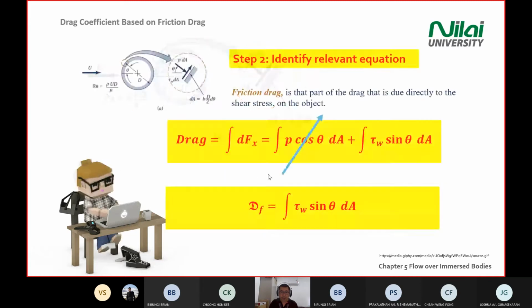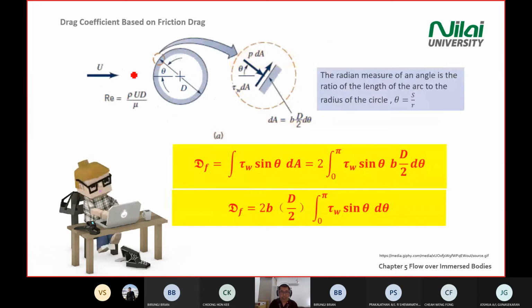All right, so this equation we carry again. I enlarged the diagram. I explained the relationship between the circumference, the radius, and the theta just now. So you transform the equation that we have just now: shear stress times sine theta dA. We change our dA because we integrate using the angle here, and the angle here is in radian, from 0 radian to pi radian. In one circle, we have 2 pi radian.